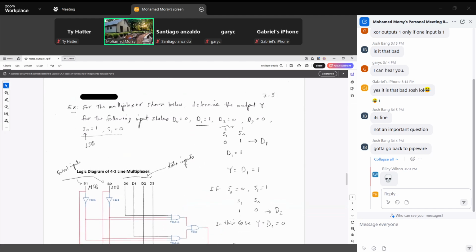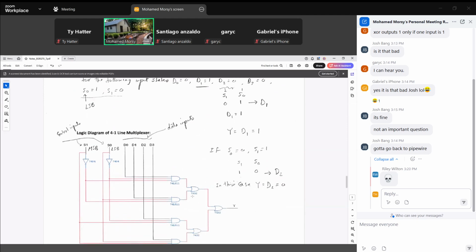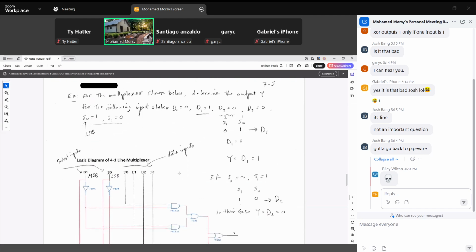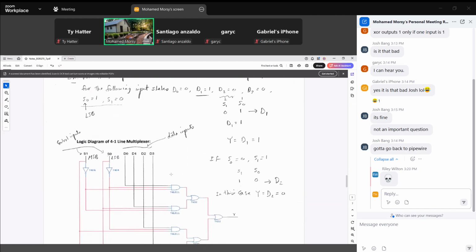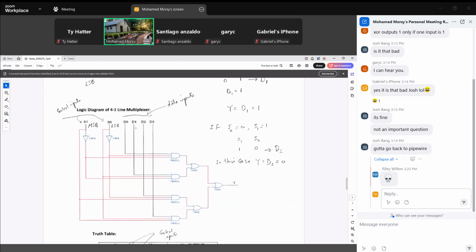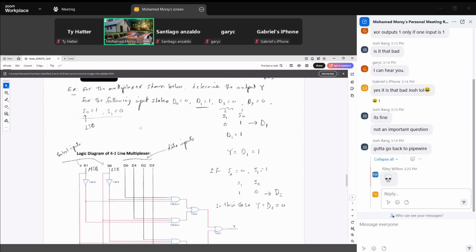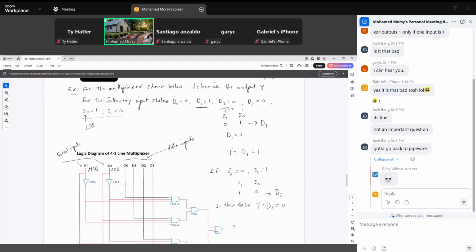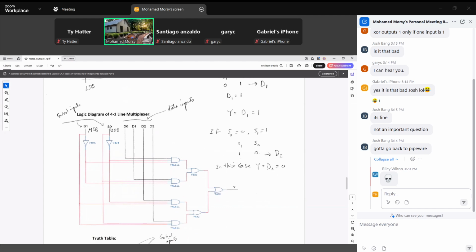If we follow these inputs on these gates, again D0, D1, D2, D3, and S0 is 1 and S1 is 0. If we look here, S0 is 1, so the output of this inverter is 0.